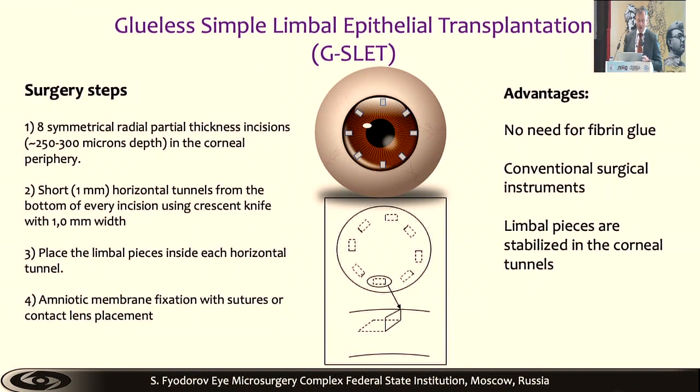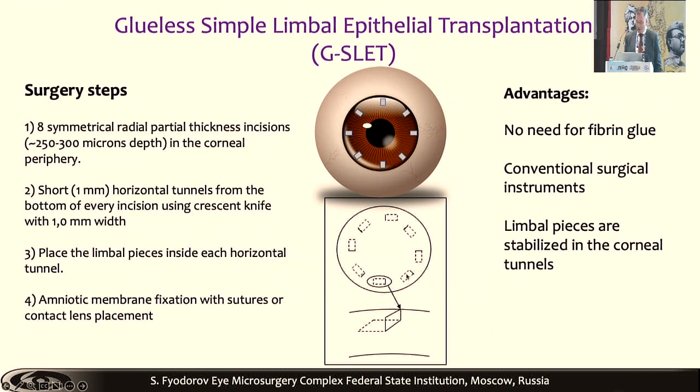So we decided, why don't we create non-penetrating incisions on the periphery of the cornea, and place these limbal microfragments harvested from the healthy eye into these non-penetrating tunnels, thus creating a specific niche for epithelial stem cells that will be located in these tunnels.